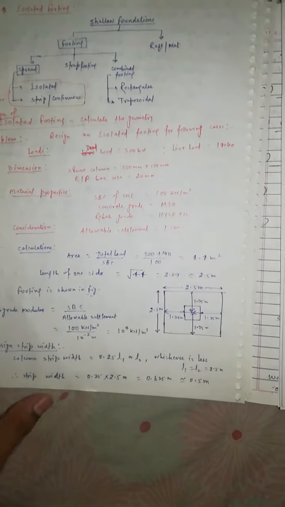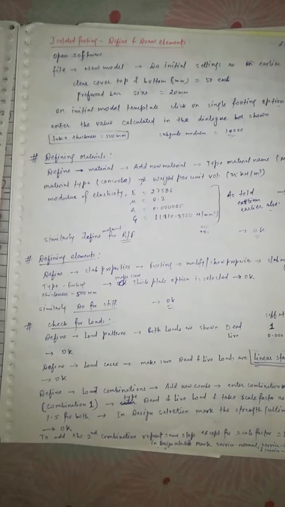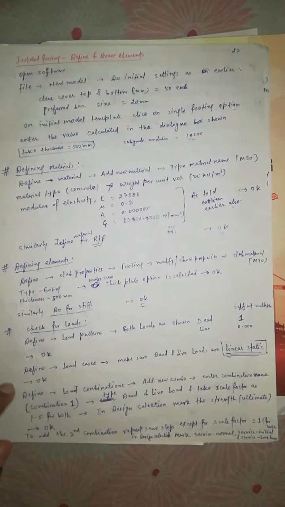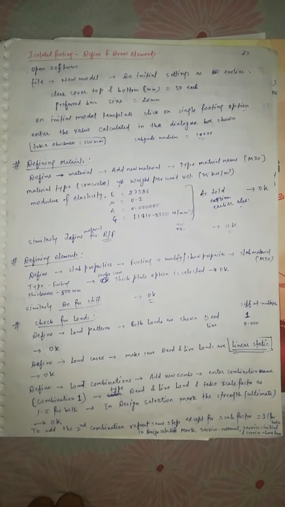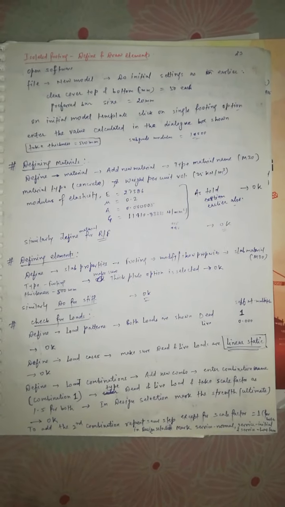So these are calculations, and here are the design steps in the SAFE software. These are the steps as shown in the SAFE software, showing how you can analyze and design the isolated footing.